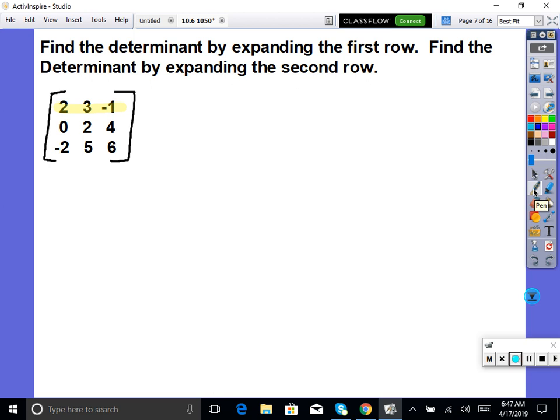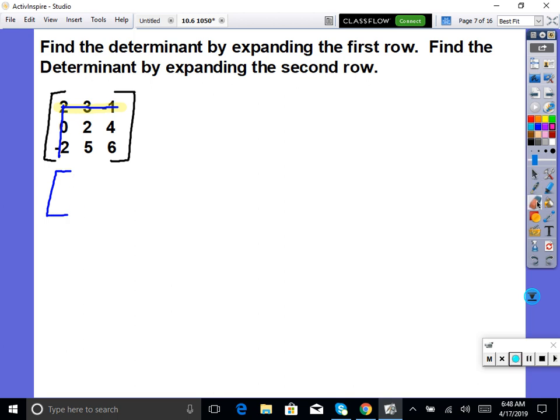I need this first column in the future, so just keep that in mind. Right now we're eliminating the first column and we've eliminated the first row. Does everybody see? Okay, so let's find the minor and cofactor of that. What's our minor?